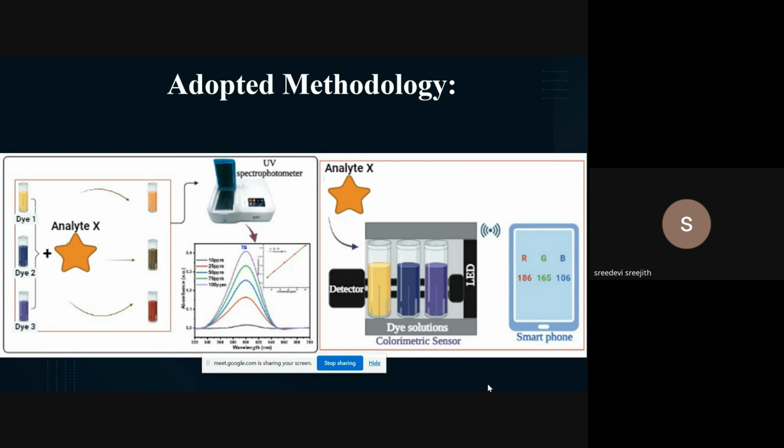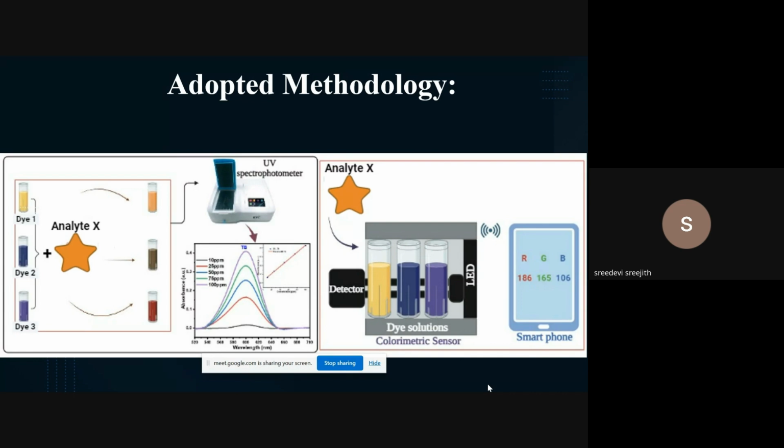We will not carry out the experiment only on the neutral solution, but we will vary its pH, from acidic to basic, and we will check the color change. After any visible color change, we will go for UV analysis to check the absorbance of the dye solution, and we will do further analysis. After the preliminary analysis, we usually focus on a 3 dye system for fabricating the colorimetric sensor.